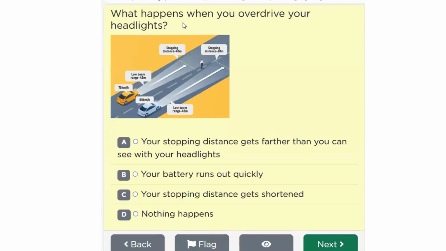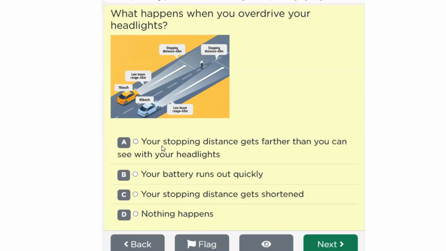What happens when you overdrive your headlights? Your stopping distance gets farther than you can see with your headlights. Okay, so if your headlights are too bright, your battery runs out quickly, your stopping distance gets shortened, nothing happens.